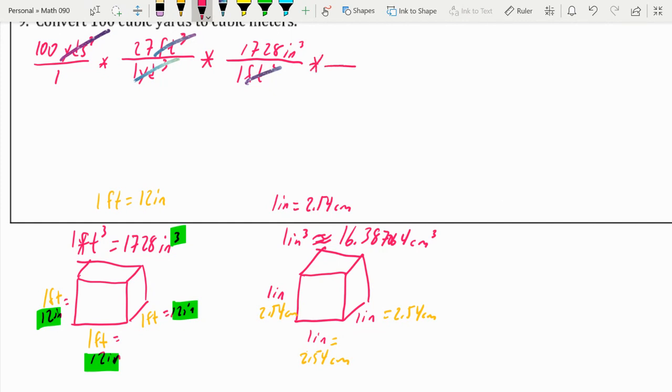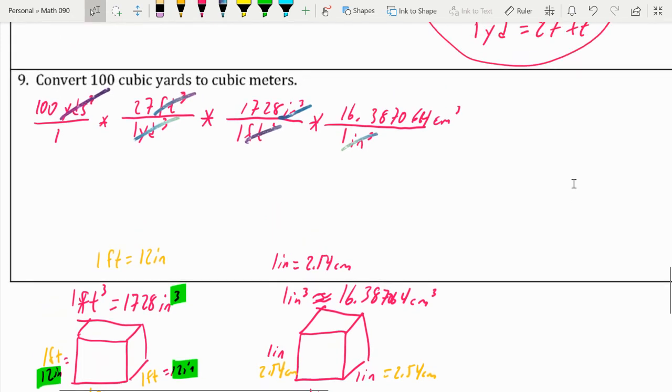If you're still with me, thank you so much. So I have 1 cubic inch equal to 16.387064 cubic centimeters. Cubic inches cancel.